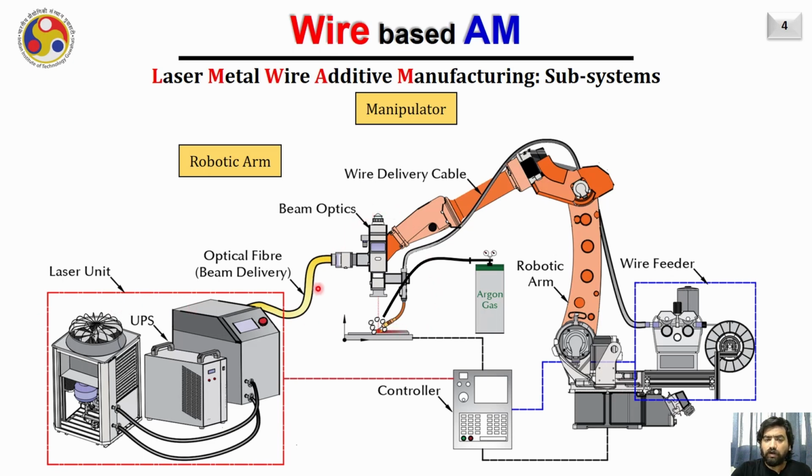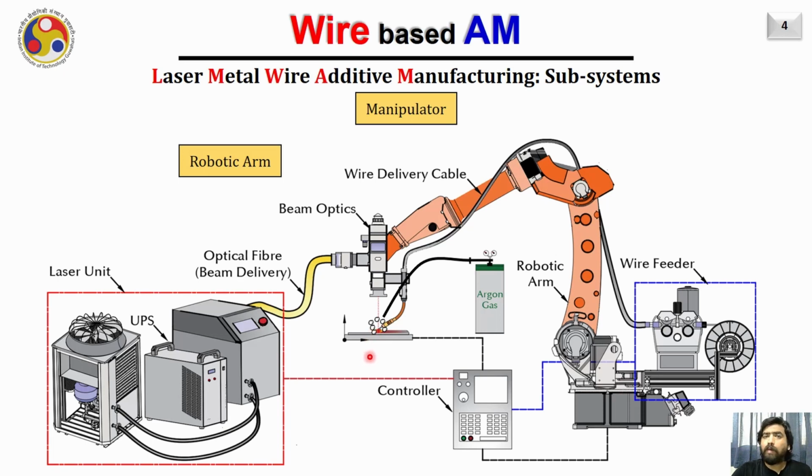As you can see on the laser cladding unit side, the laser head is attached on a robotic arm which provides a relative motion between the substrate and the spot or the focal point of the laser beam. This laser beam creates a molten pool, and in that molten pool a wire feeder feeds the wire.